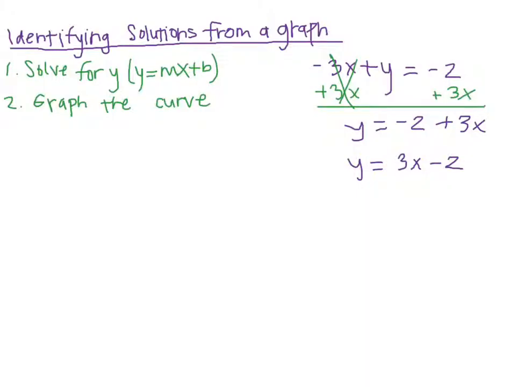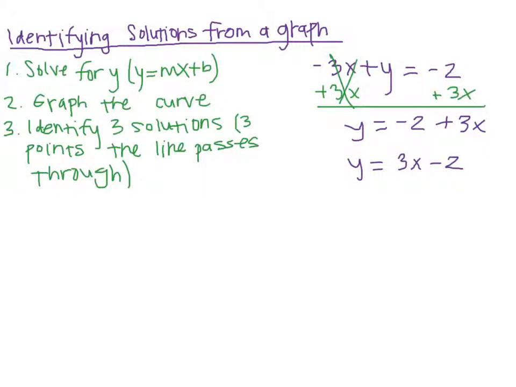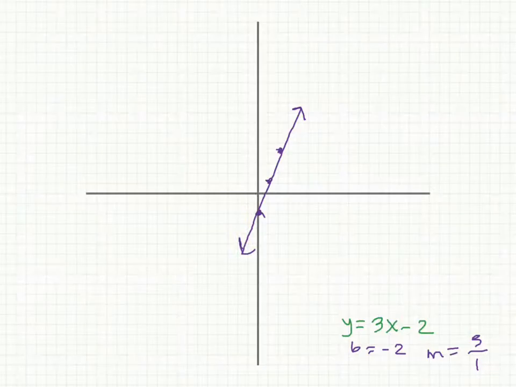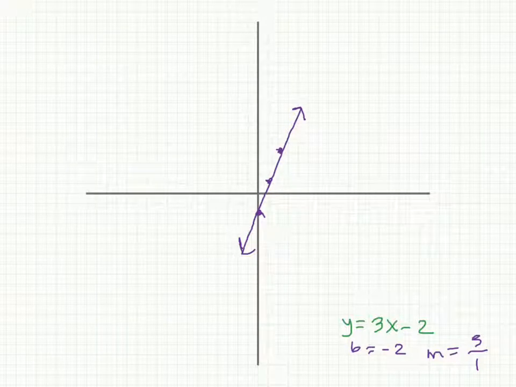So step number 2 was to graph the curve. Step number 3 is going to be to identify 3 solutions. And my 3 solutions are 3 points that the line or the curve passes through. So when we look at this line, we've actually already identified 3 points.